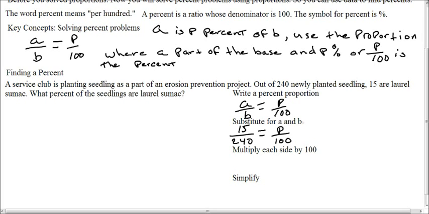Okay, and let me put this over here so you can see exactly what this looks like. Here we would have 15 over 240 times 100, and that's going to equal P over 100, also times 100.